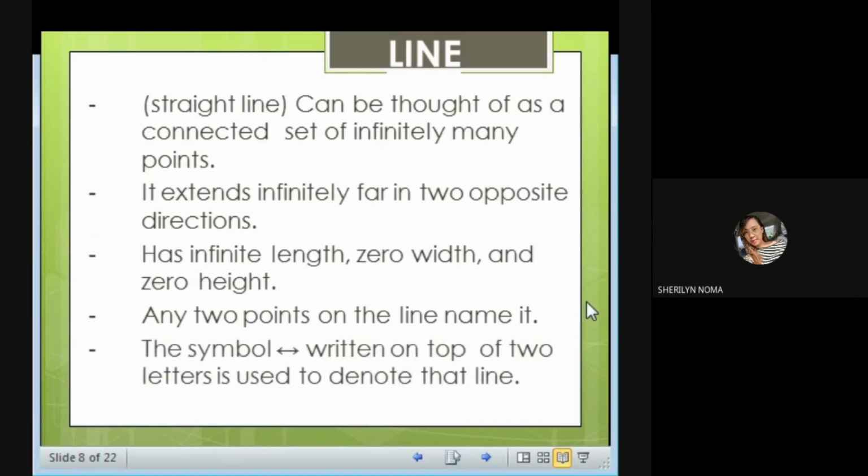The symbol, a line with 2 arrows written on top of 2 letters, is used to denote a line. A series of points is a line. Again, it extends in both directions indefinitely. You label a line by listing the 2 points found on it. All points located on the same line are referred to as being collinear.